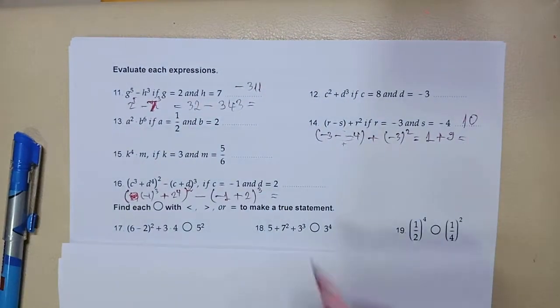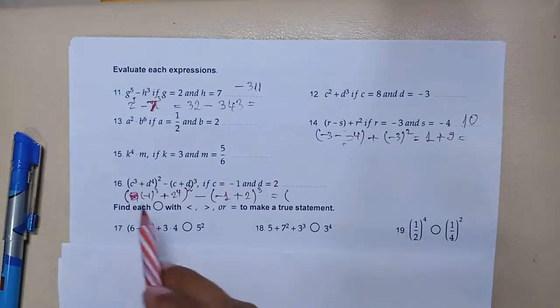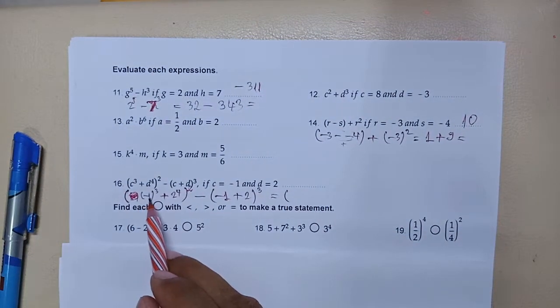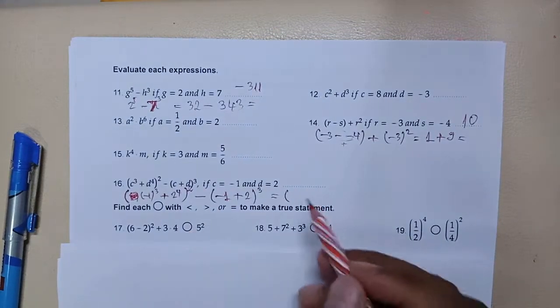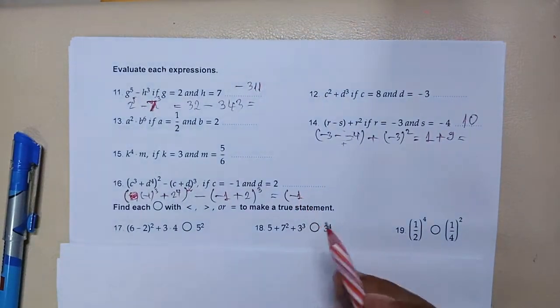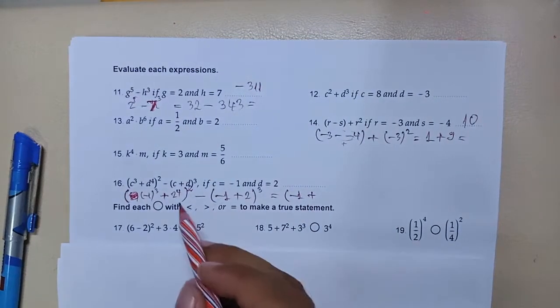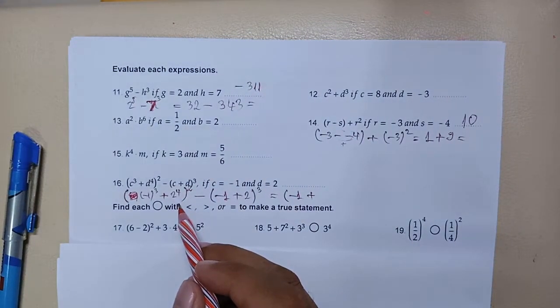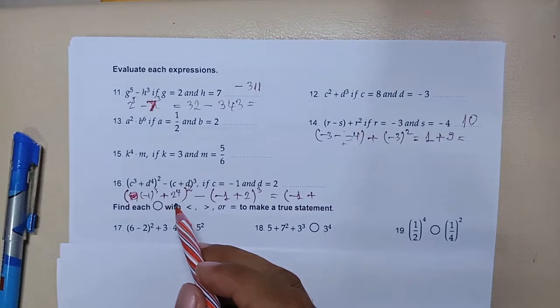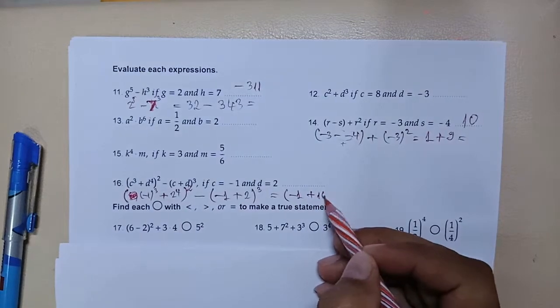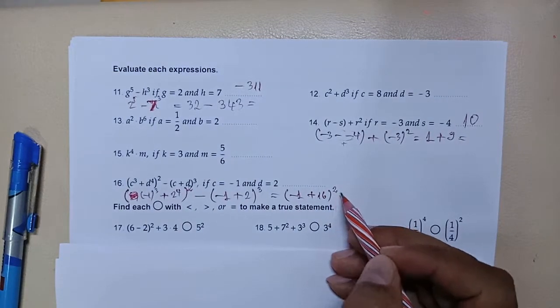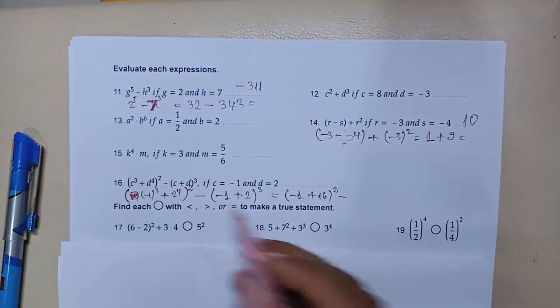Let me begin with this one. Negative 1 to the third. So you have negative 1 times negative 1 times negative 1, still negative 1. Plus 2 to the fourth. 2 times 2 is 4, 4 times 2 is 8, 8 times 2 is 16. And then squared. Minus in the middle.